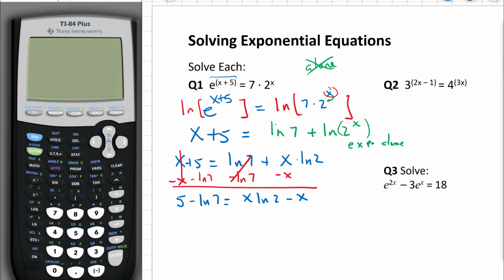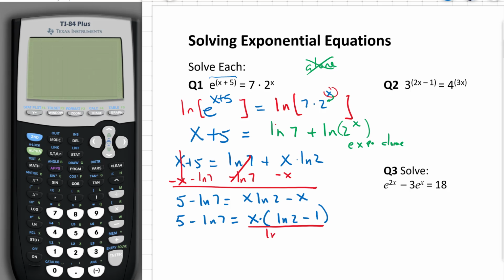I still can't solve with two terms of x. But we can do a really simple little algebra principle of factoring. And when I factor out these x's, x divided by x is 1. I have a product and I have one factor of x. And now it's really easy to solve.